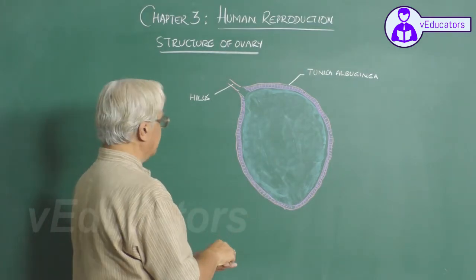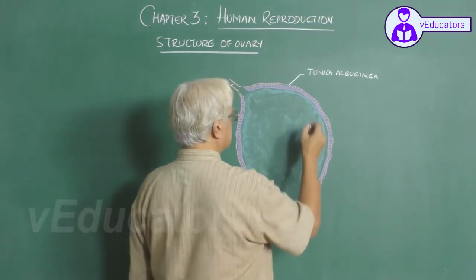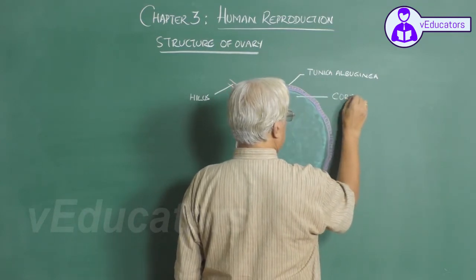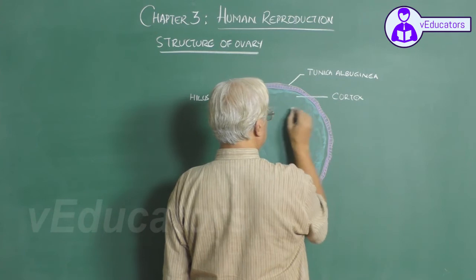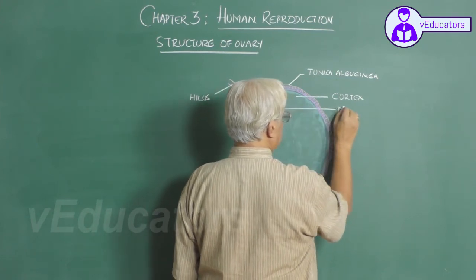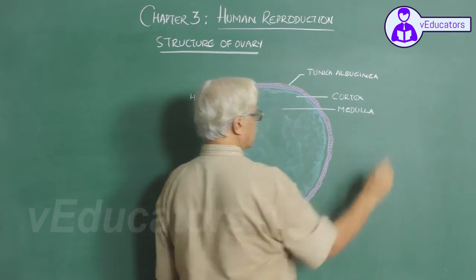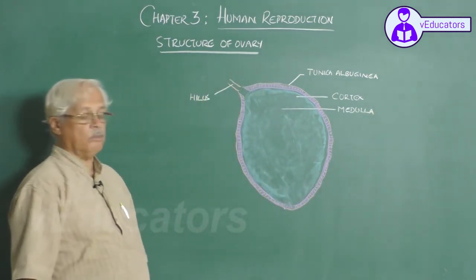The peripheral dense connective tissue is called cortex, and the inner region is called medulla.